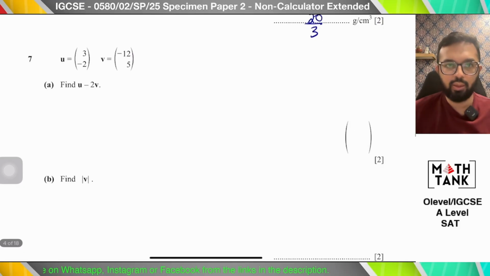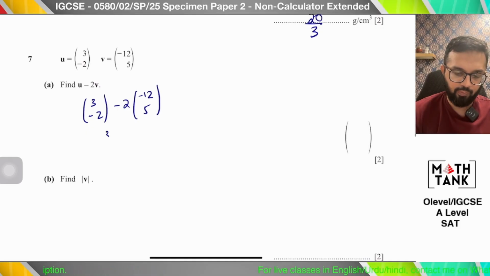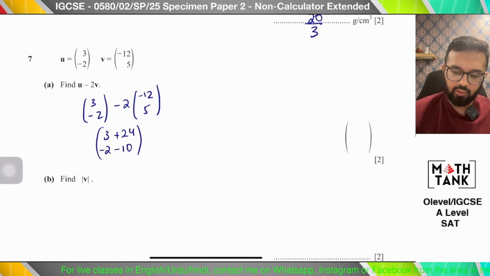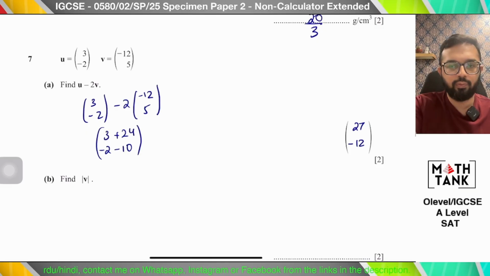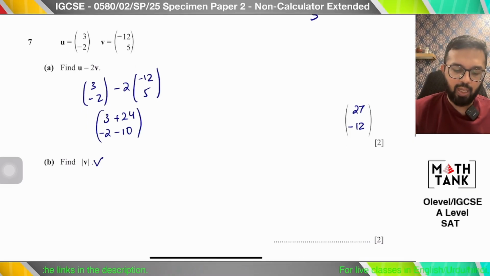Okay, the next question is from vectors. I think that's relatively simple. So 3 plus 24 and minus 2 minus 10. 27 and minus 12. Yeah, I will have to quickly check. Yep, now those are the correct answers. Then it says magnitude of.